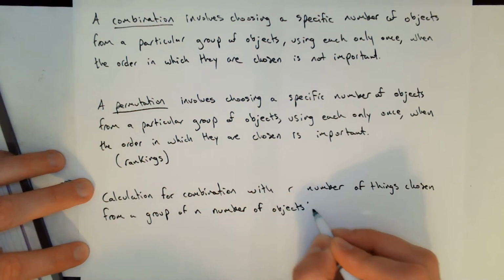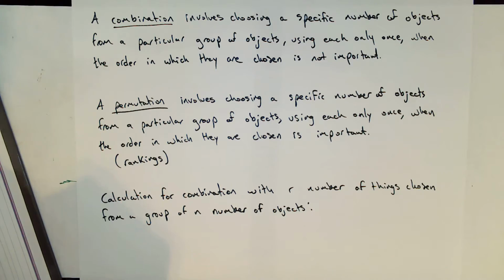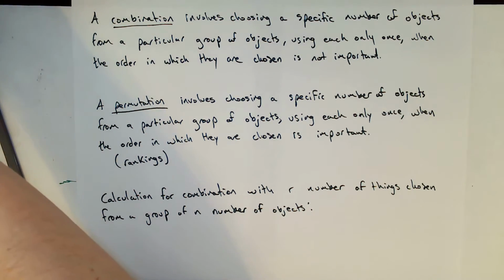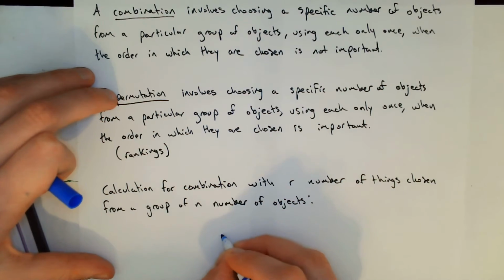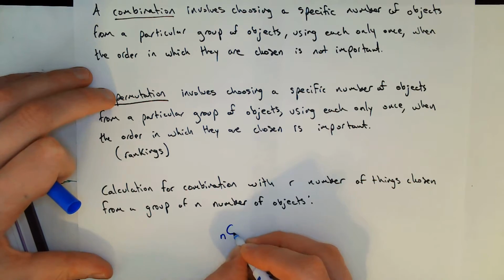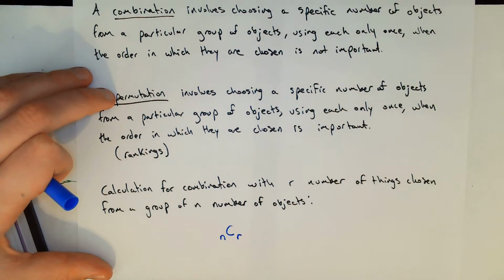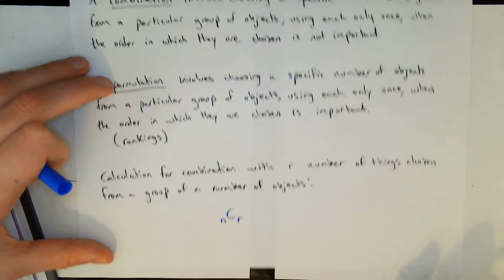And that's going to be, what color did I use over here? Blue. Little n, capital C, little r. That's the way to notate this. nCr.